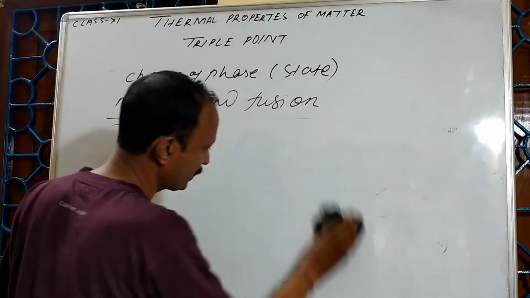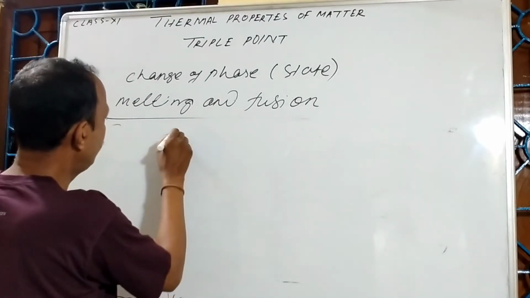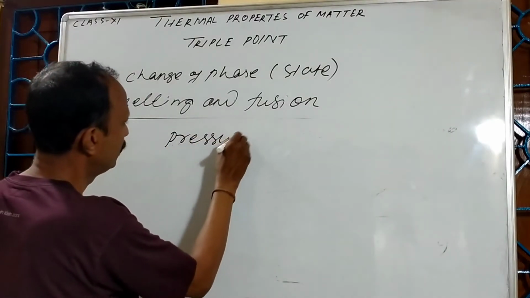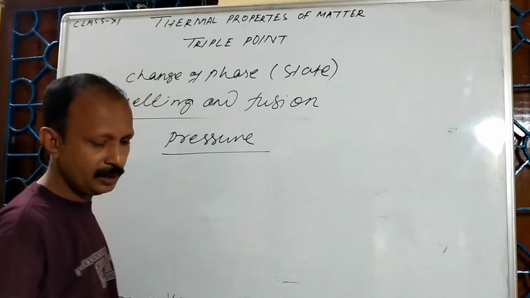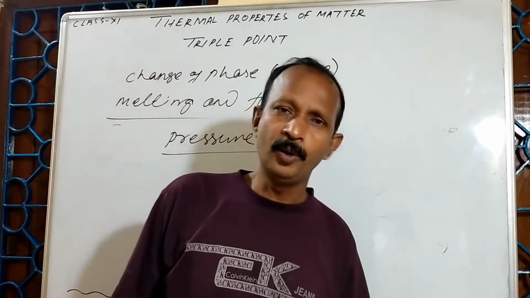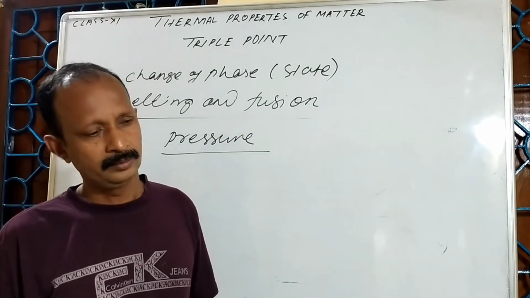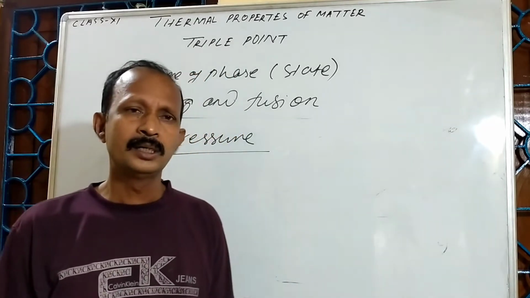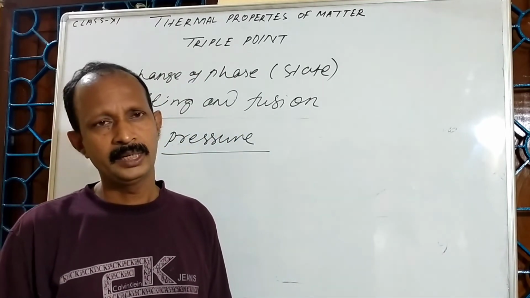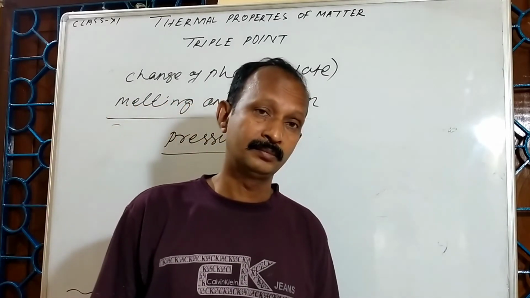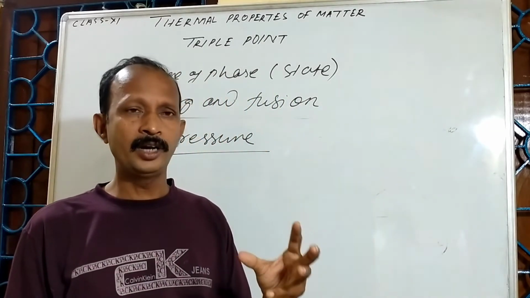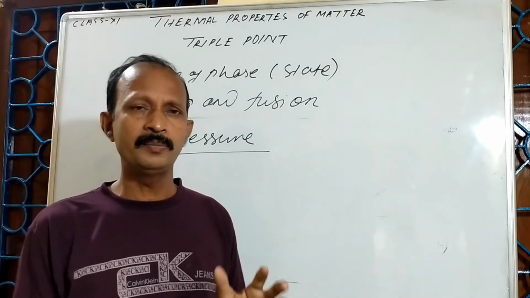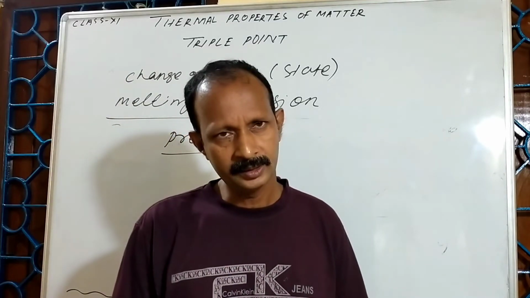But what about the pressure? What is the effect of pressure on melting point? Listen carefully. Suppose in case of ice, when we supply heat, it contracts. The volume of ice is more than the volume of water what we have taken.